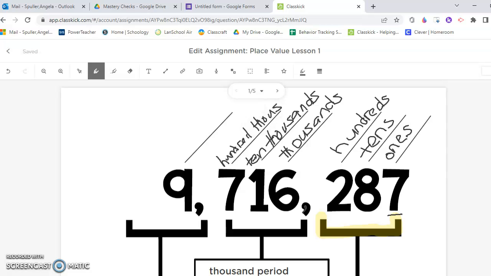As I'm writing this, anything that I'm writing, remember, you should be writing on your screen also. Then we get past the next comma, and we move into the million period. So this would be the millions. All right, moving on.